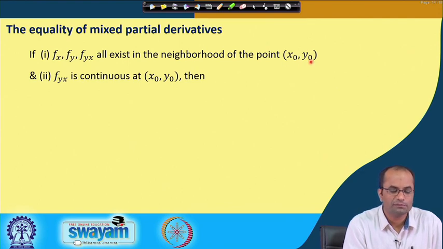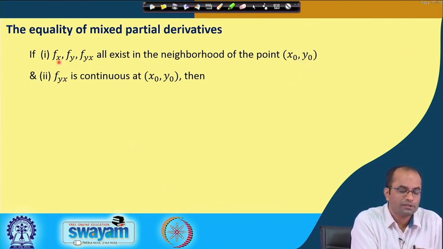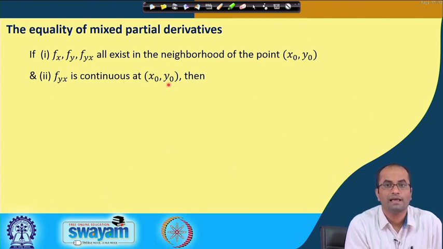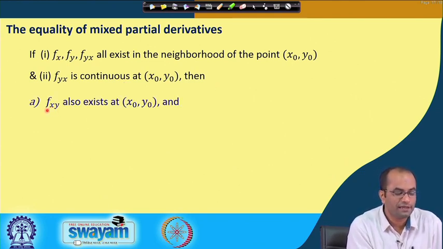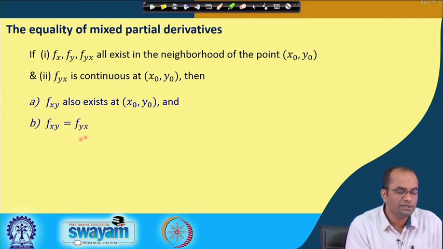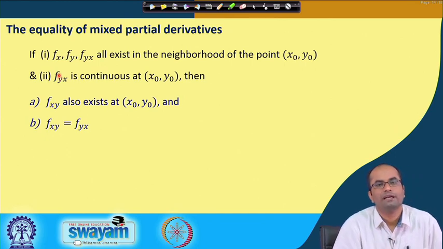So, not only at this point, but also in the neighborhood of this point, all these three exist, and on top of that f_yx is also continuous at that point (0, 0). In that case, we have the result that f_xy will also exist at this point, and it will be equal to the value of f_yx.